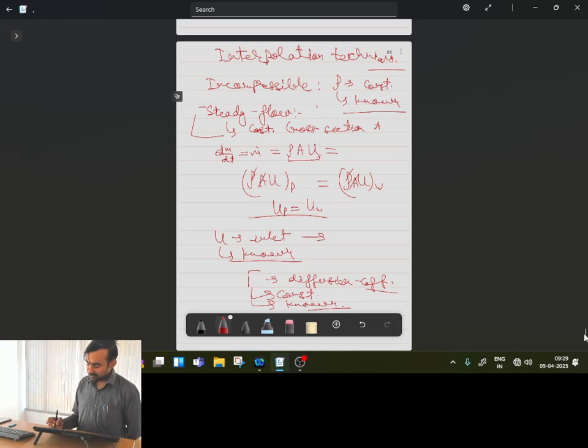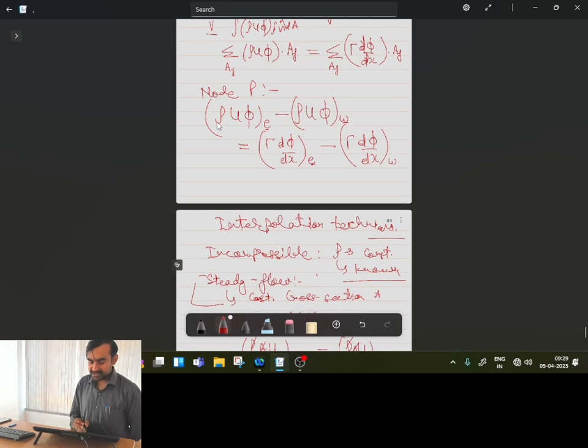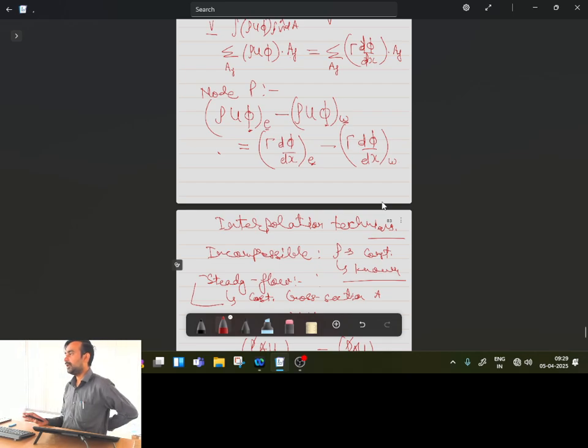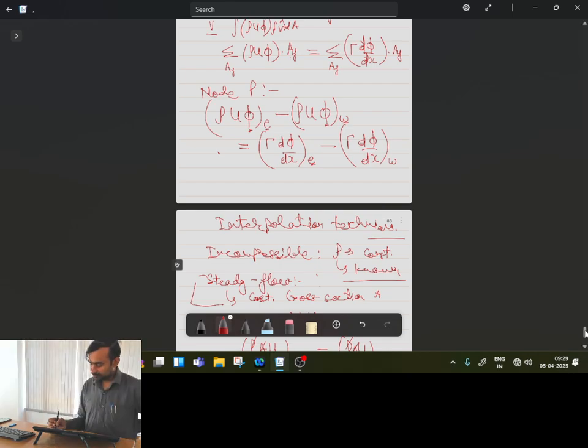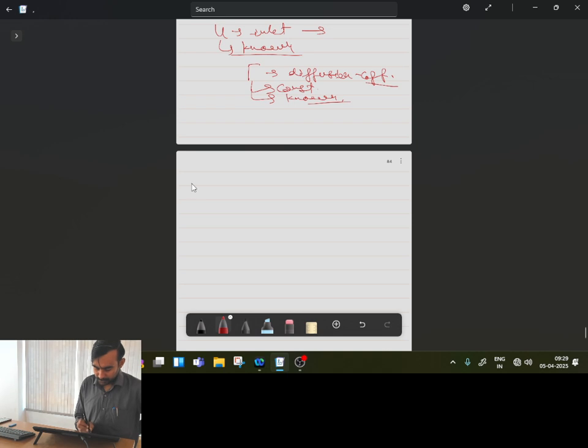Now, after these many assumptions, from this equation, which unknown is left? Only phi and d phi by dx. That is only left. So rho u I can take constant. Inside I will get phi at east face minus phi at west face.